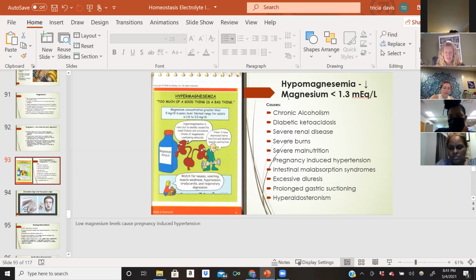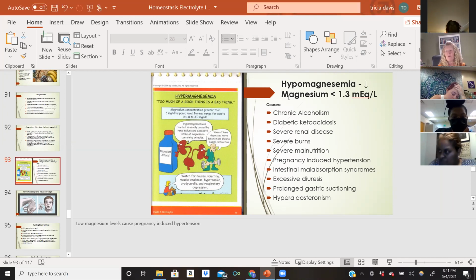Pregnancy-induced hypertension. So low magnesium levels actually cause pregnancy-induced hypertension for those pregnant women. Intestinal malabsorption syndrome. So remember last slide back, we said that our GI system will hold on to magnesium or excrete it depending on the levels. So if we have issues absorbing food in our intestines, well, then we can't regulate that process.